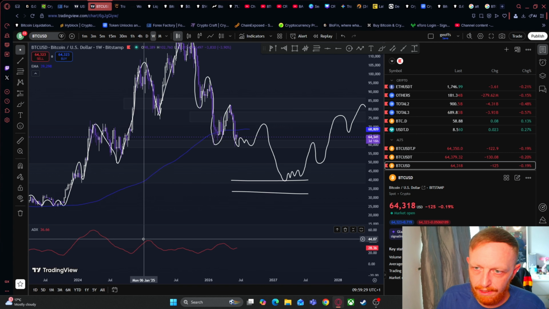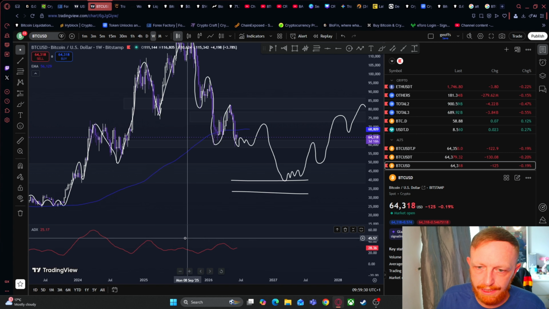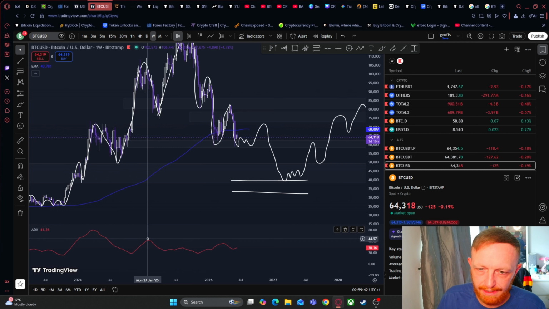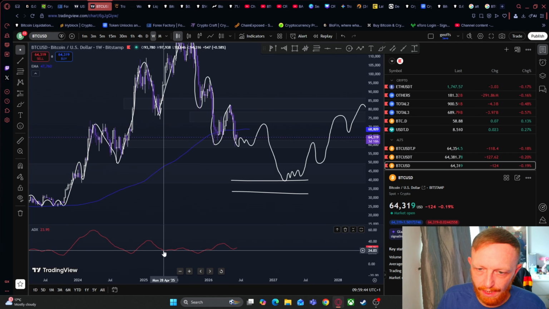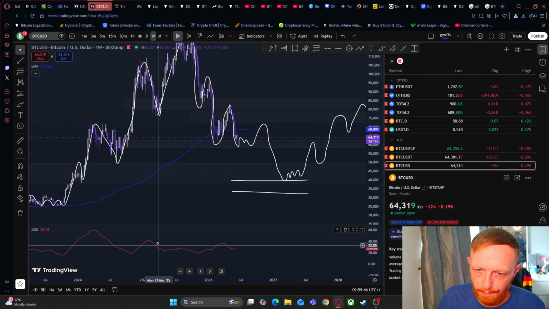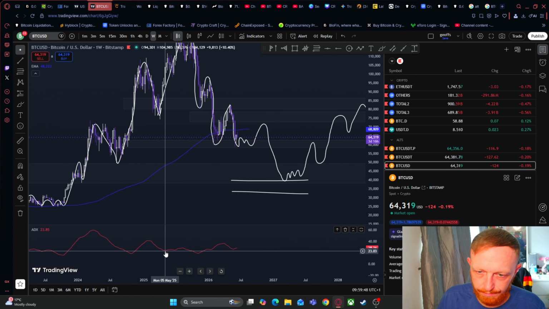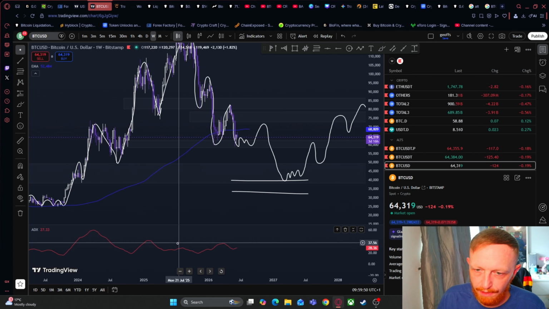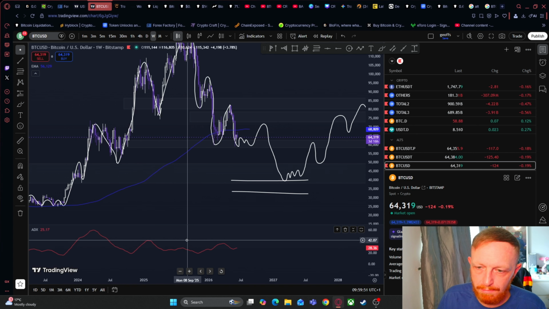But if you actually have a little look at these moves with the ADX, we're trending there, we're coming back down, we're putting in a lower high in the ADX there. We're never putting in a lower low, putting in a lower high, and then we've gone off. Every time that we've done that new high, we've been putting in lower highs.